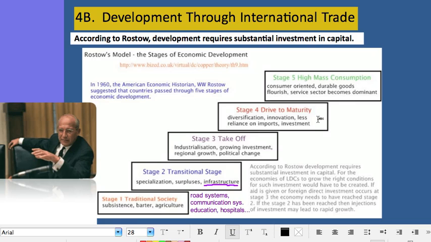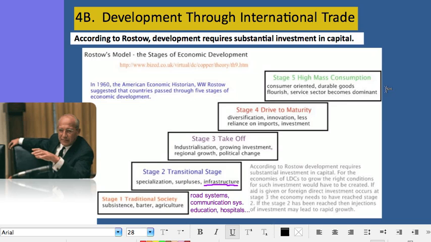You are less reliant on imports because you have a diversified economy, and so you're able to provide for the needs of your own community, not just focusing on 1 or 2 like in stage 3. You continue to invest in all of these different needs.